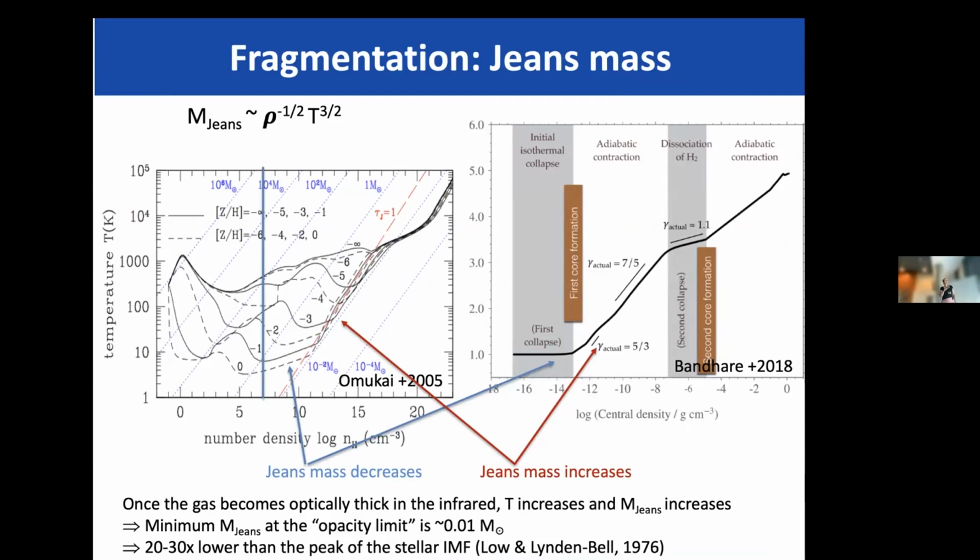You can see that because the cooling is less efficient, you would generally have higher temperatures in the lower metallicity gas compared to solar metallicity. So generally fragmentation should be suppressed when you go to lower metallicity systems.